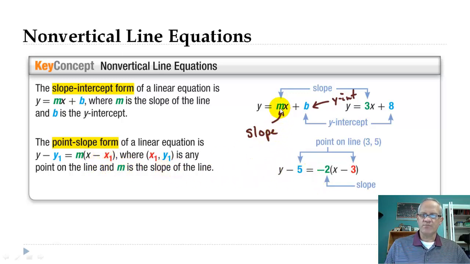Well, remember m was slope from our other example. Guess what? m is still slope. So in this case, the example that they gave us was -2 is the slope. So that's still our slope. We're still trying to put in a number right there. And where we're going to also put in a number is here where they've done that with a 5 and here where they've done that with a 3.